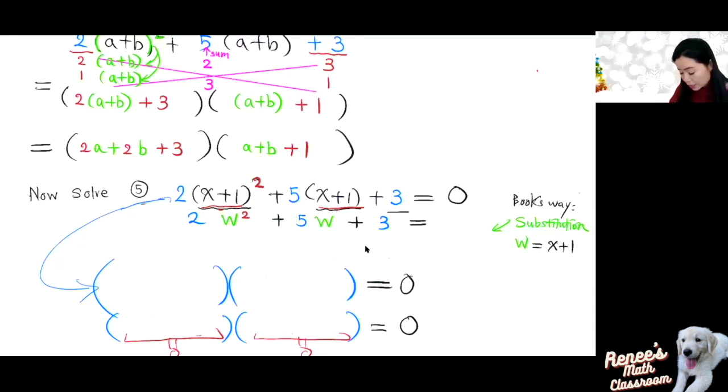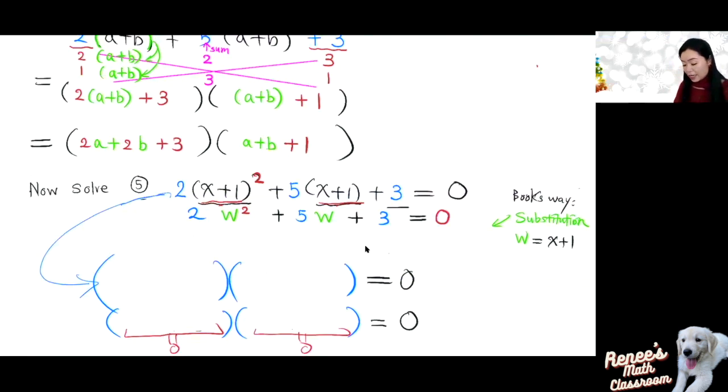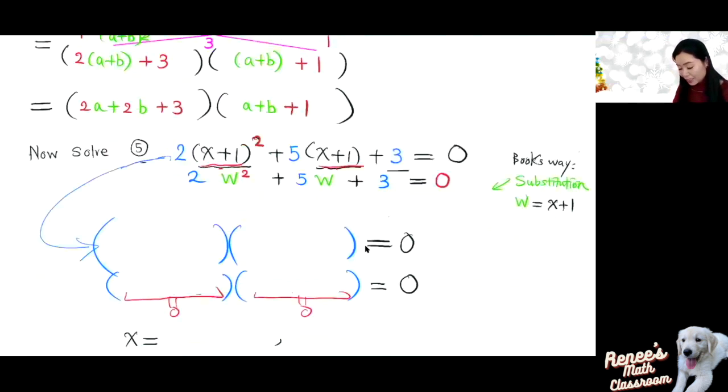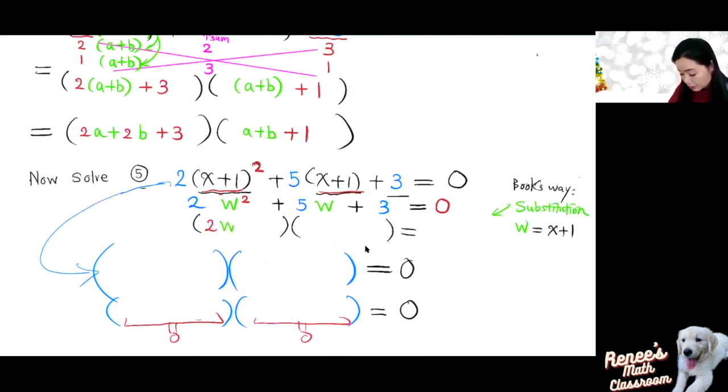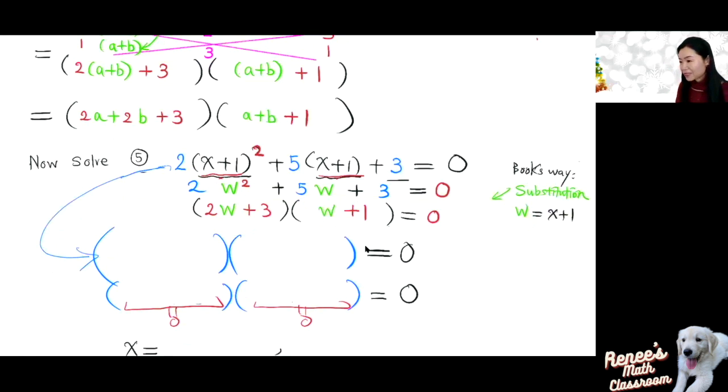It's important to have the other side equal to 0 here. And then we do a try and error, similar to what we have done here. Doing a try and error over here, you get (2w + 3) times (w + 1) equal to 0. And then substitute back.